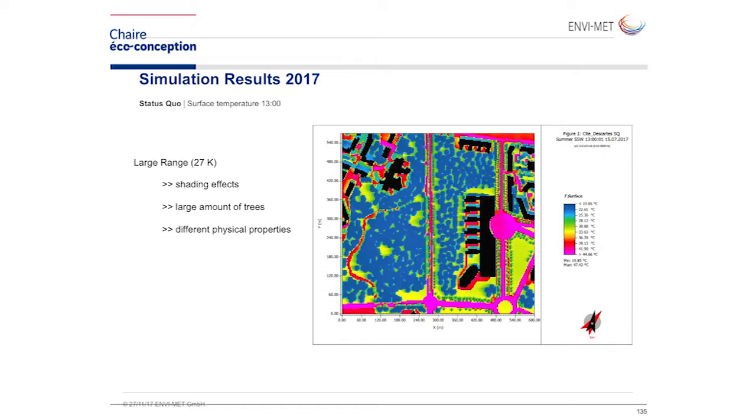You see the effects of the tree shade, so these are the little blue bubbles everywhere. And you see there's a large range, 24 Kelvins between the hottest areas, which are the roundabouts, especially those roundabouts which do not have a green center. And you see the large amount of trees that very effectively shade most of the surface area in the Parc de Butte and on the other side of the central road. So next slide, please.